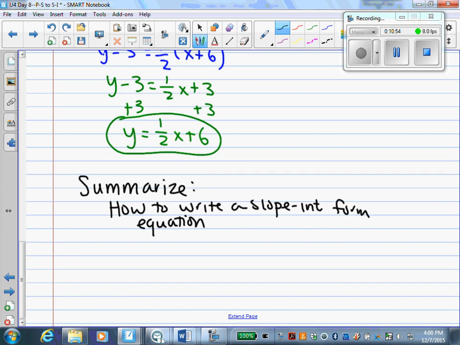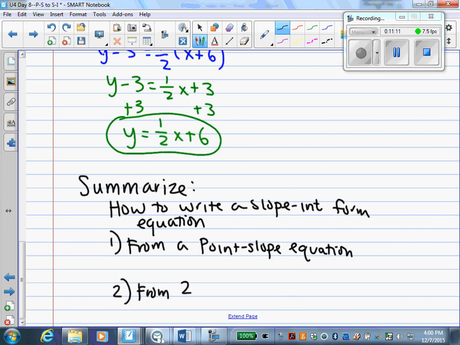Let's do one from a point slope equation, and then two from 2 points. This will make sure you're really taking in what I'm saying and thinking about it and not just being like a robot and writing down what I write down without thinking. Okay, the end.